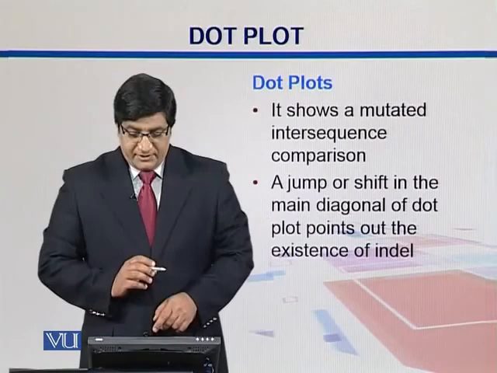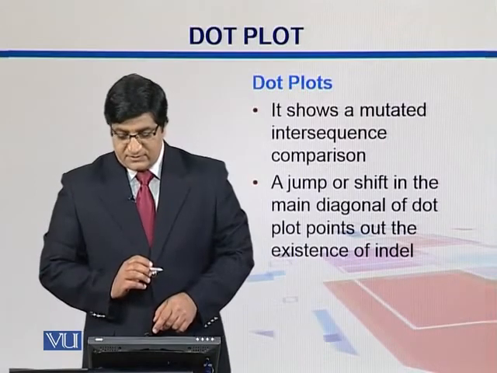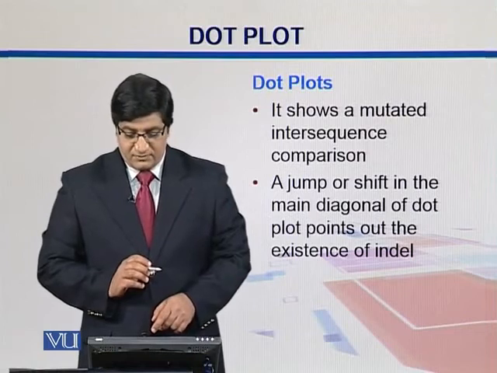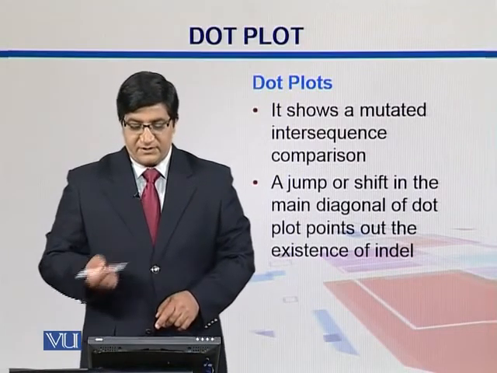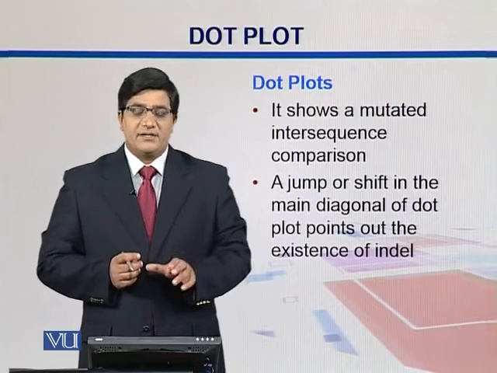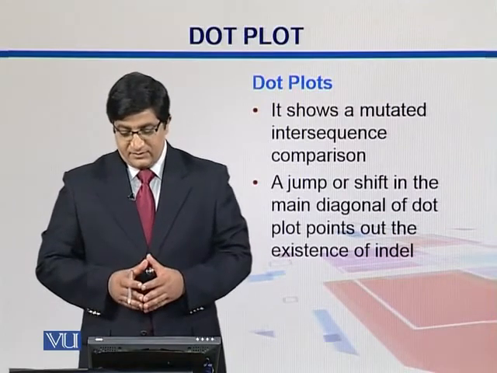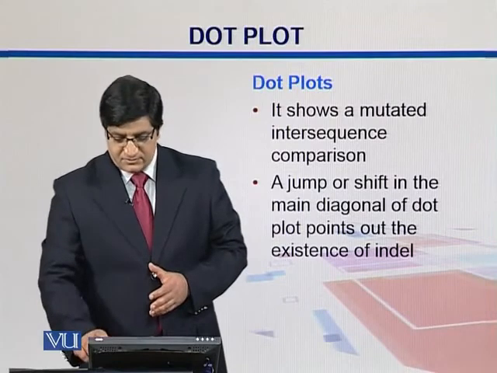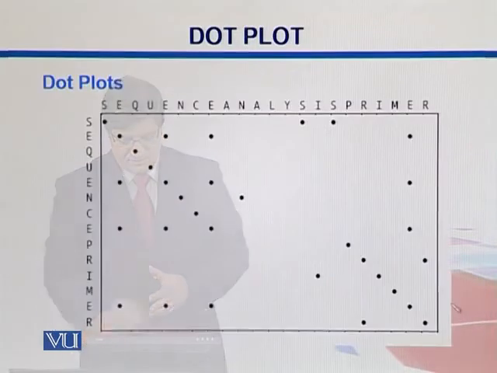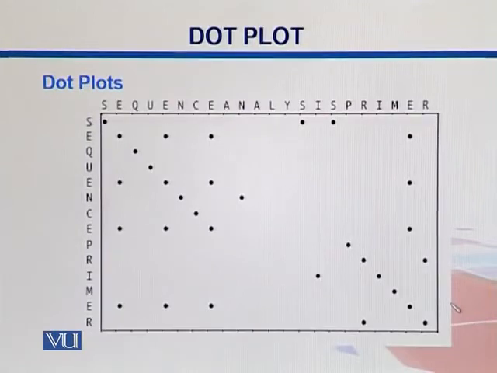It shows mutated inter-sequence comparisons. A jump or shift in the main diagonal of a dot plot points to the existence of indels. So whenever we have gaps or shifts in the diagonals, we can say that we have indels. You will understand by just looking at it. Here we have one sequence, "sequence analysis primer", and on the other side we have "sequence primer".